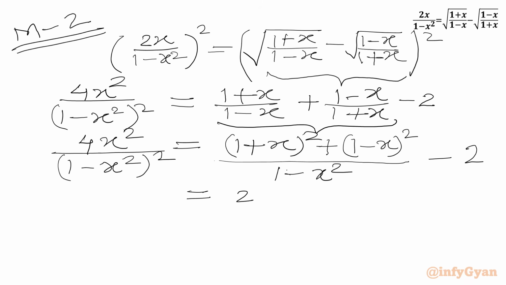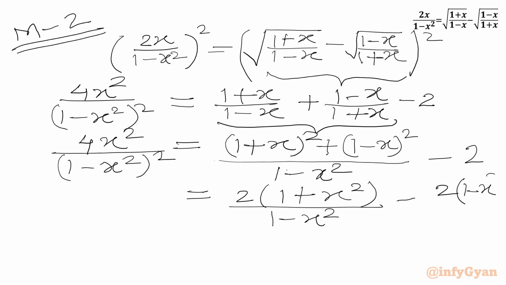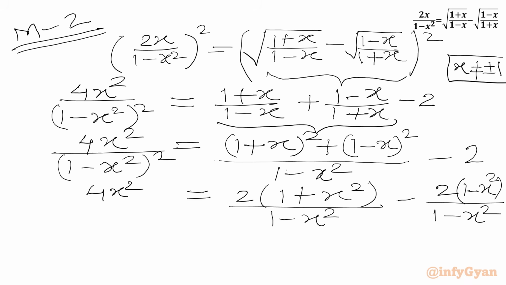We are going to get 2 times in the bracket 1 plus x square. And in denominator we'll write 1 minus x square. This minus 2 we can write minus 2 times 1 minus x square over 1 minus x square, as x cannot be equal to plus minus 1. Now LHS is 4x square over 1 minus x square whole square.